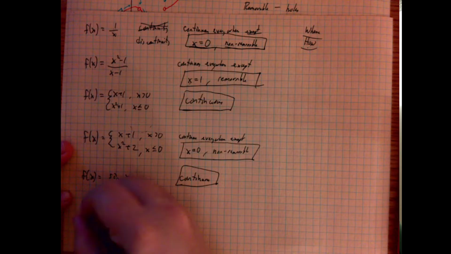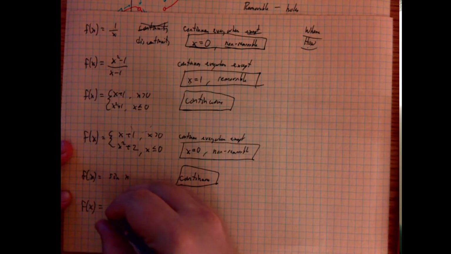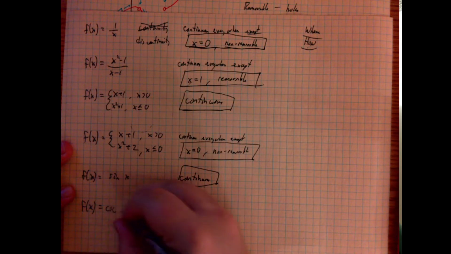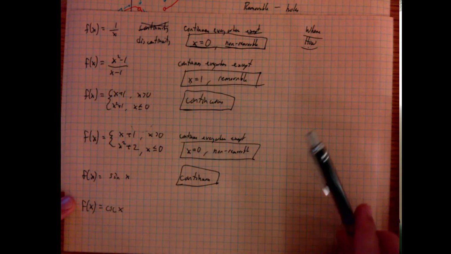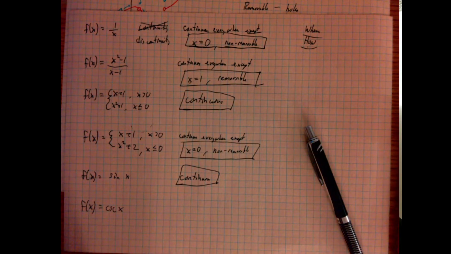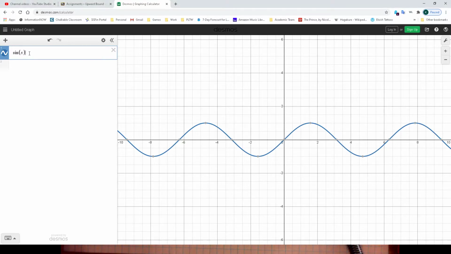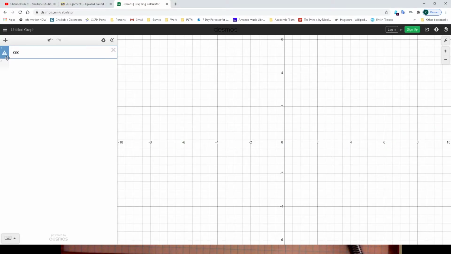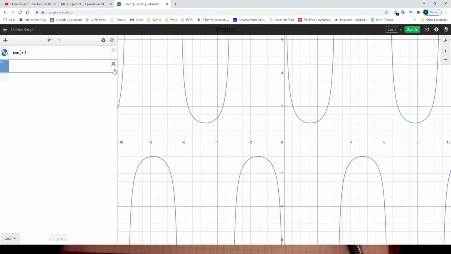But now let's look at f of x is equal to cosecant of x. So this is one of the list of ones that is often discontinuous. Let's take a look. So I do cosecant of x. You can see here how there are clearly places where the function just stops working, right? I have to suddenly make a big asymptote shift.